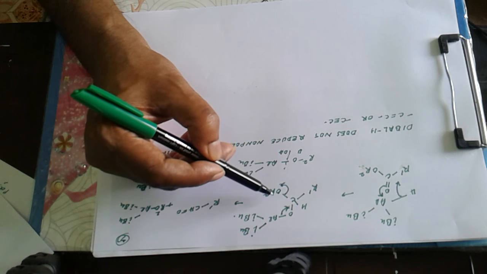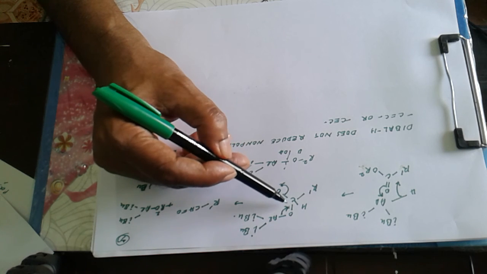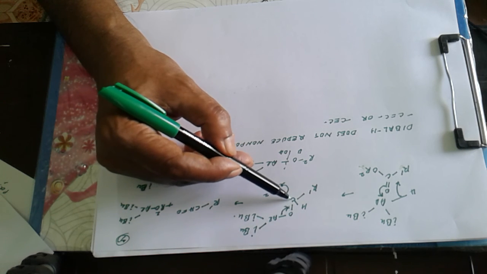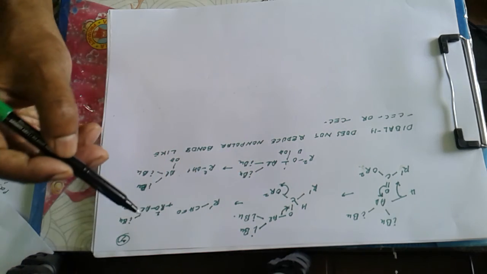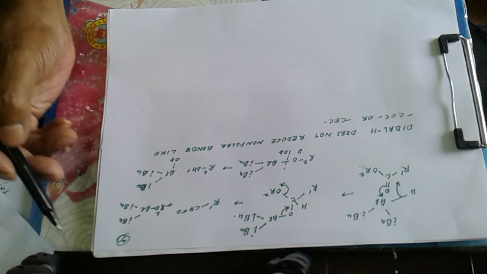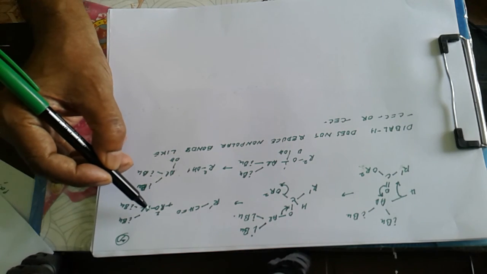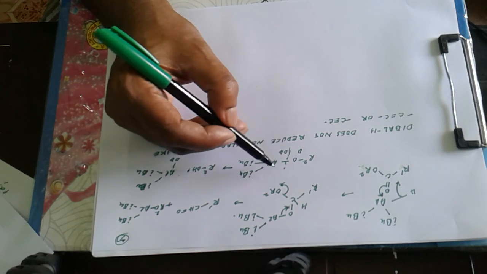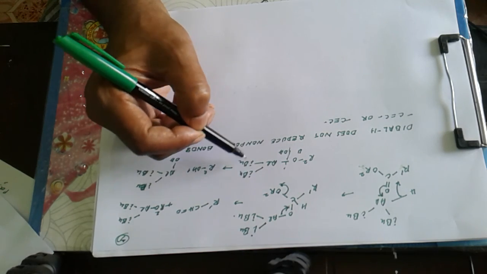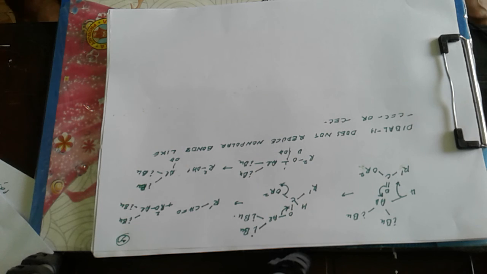So OR negative is removed so that the valency of this carbon is maintained 4. Then OR negative combines with Al positive, producing R2O-Al bond. Then this may be undergoing hydrolysis like this, R2OH and AlOH, 2 isobutyl groups.